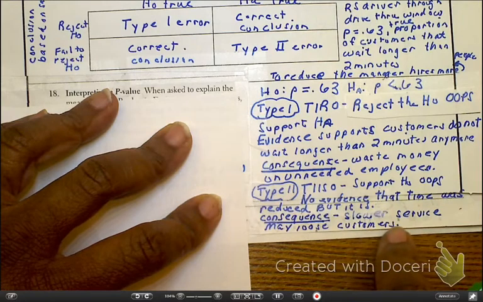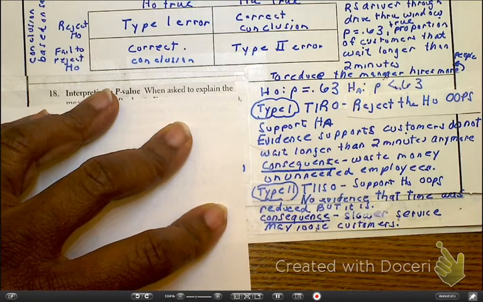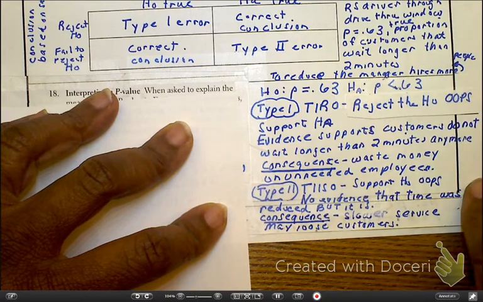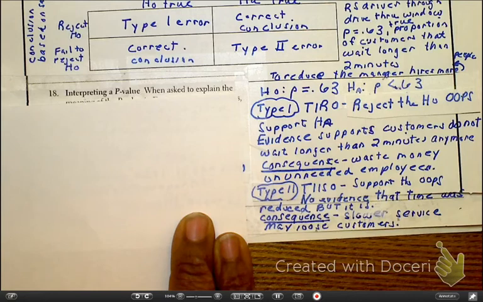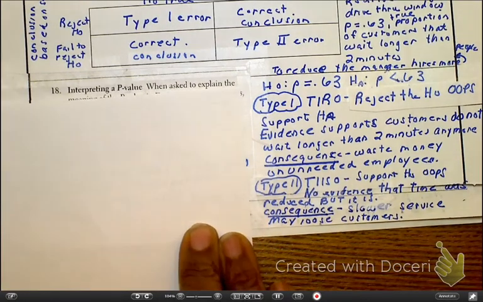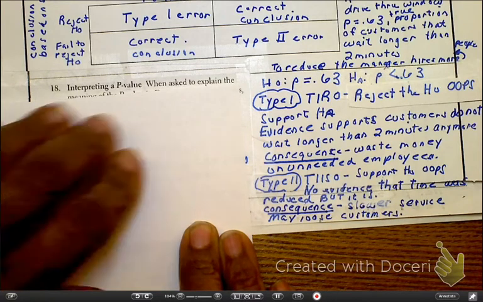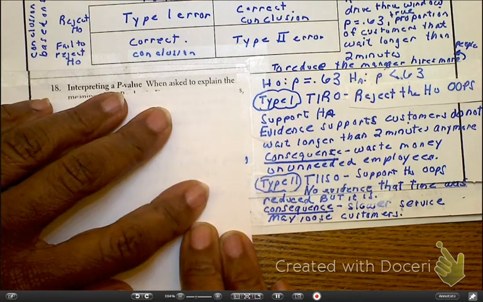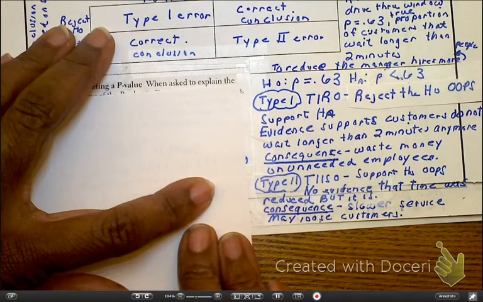Okay, so here that means we're going to get slower service and we may lose customers. Not only that, he thinks that he has solved the problem and that the wait time has truly not changed, that it has not reduced.